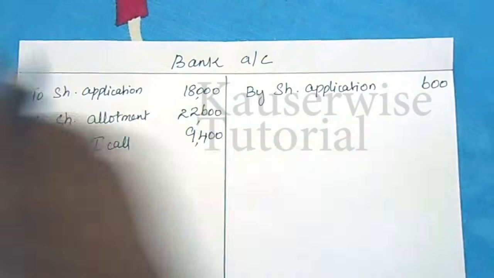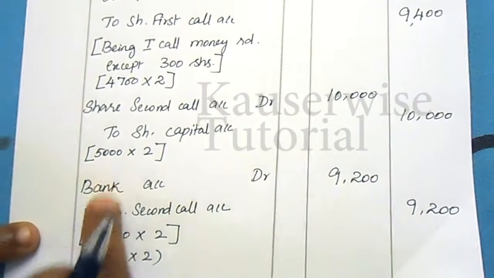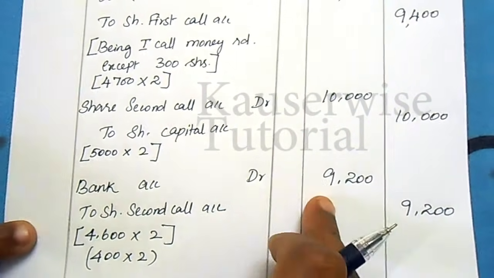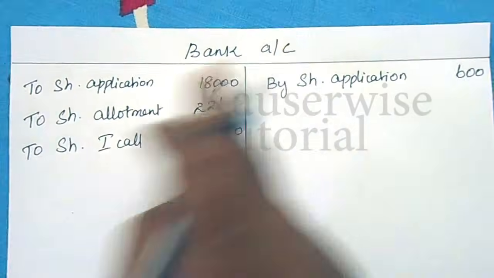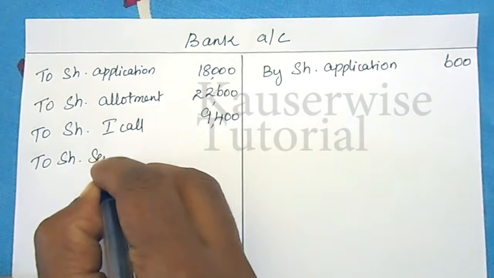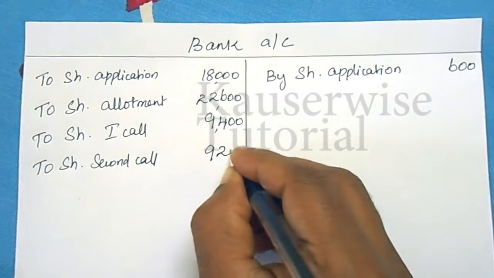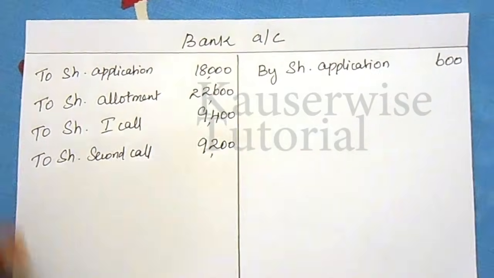Then the second call money received entry, bank account debit to share second call, 9,200. That's all. We have made all the entries.